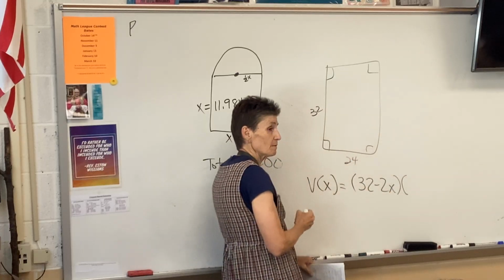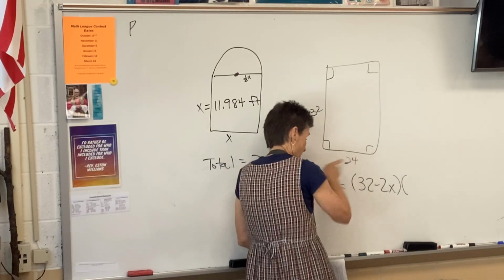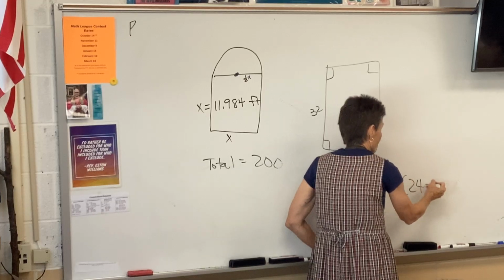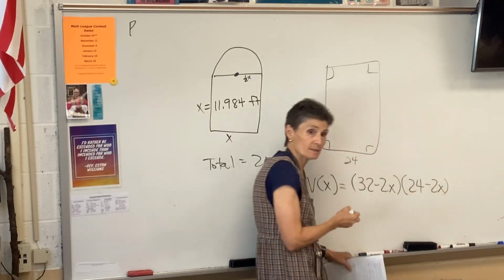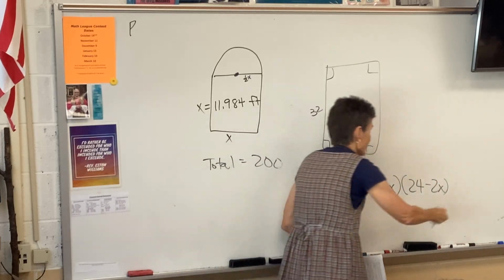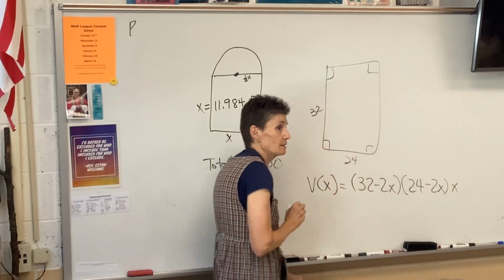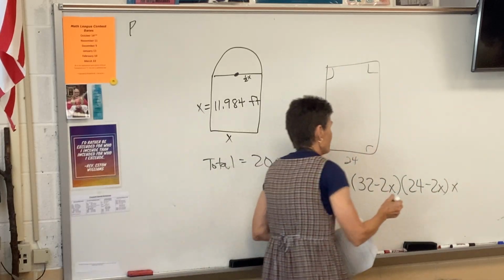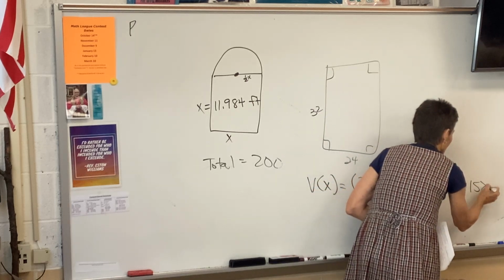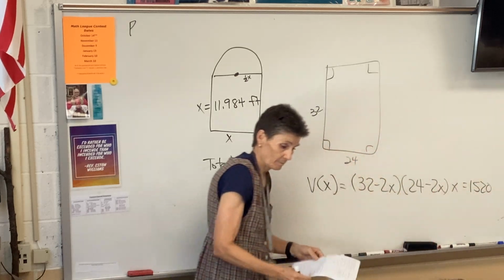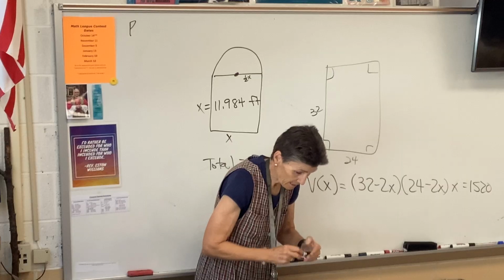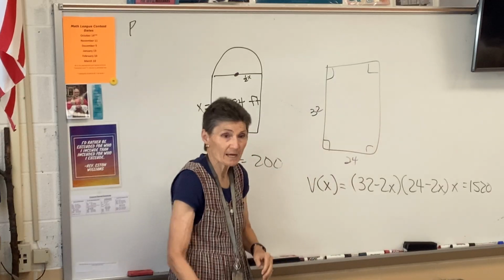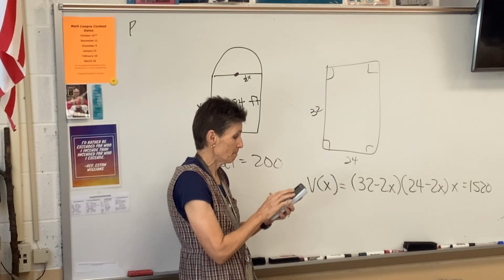And the width of the box will be 24 minus 2x. And the height of the box is x. And I want that to be 1520. So I'm going to put that in.